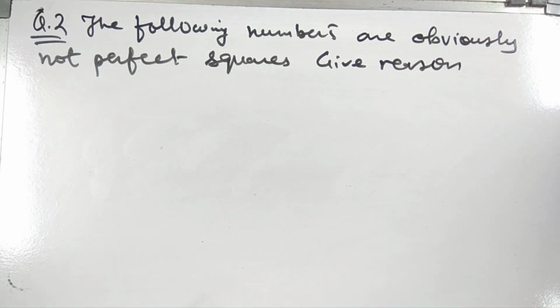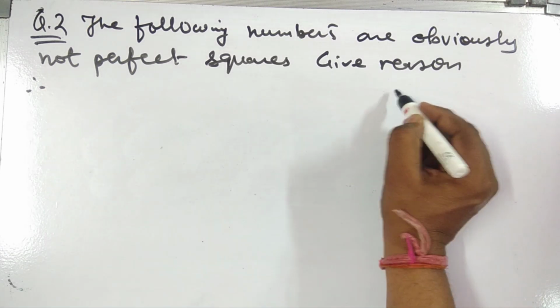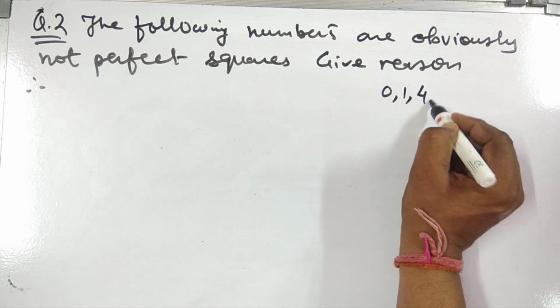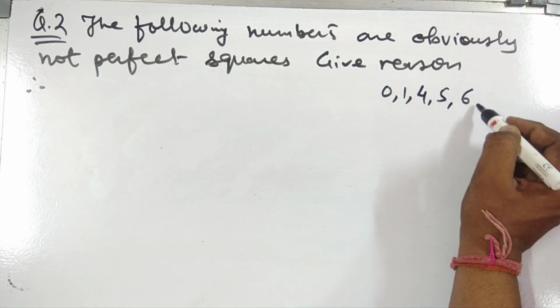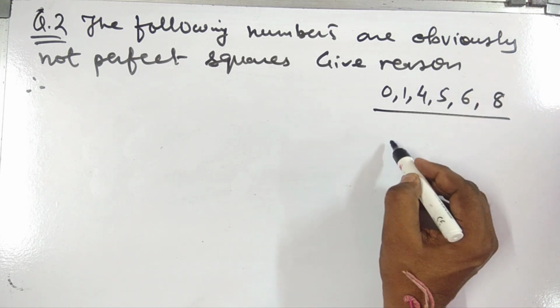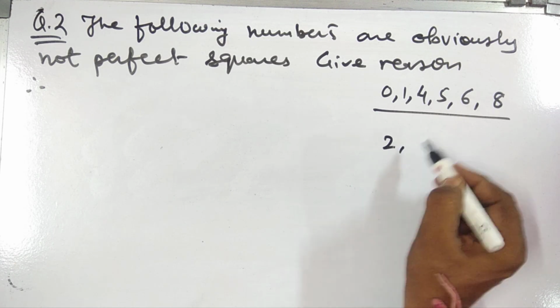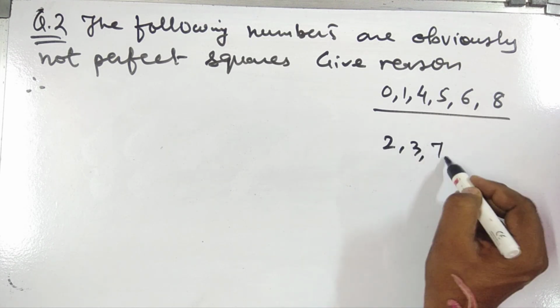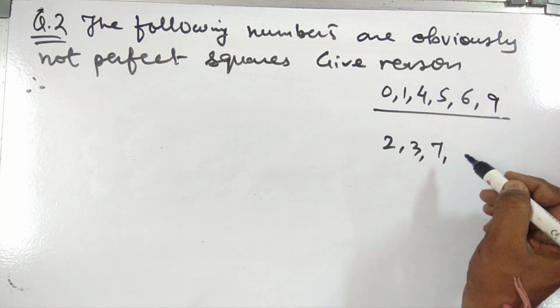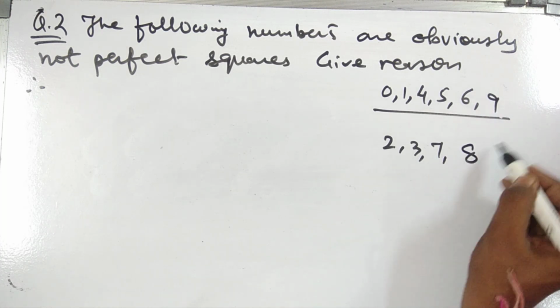So students, you all know if any number is a square number, then in the unit place there is 0, 1, 4, 5, 6 or 9. Then the remaining digits are 2, 3, 7 and 8.